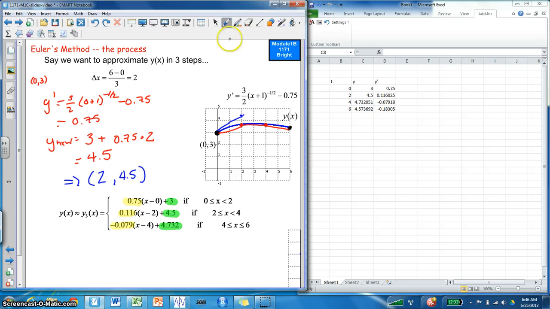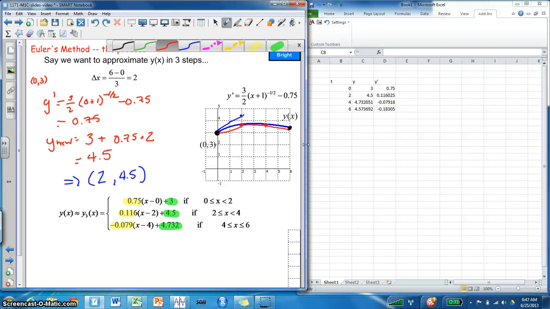Okay, so I'm going to look at my Excel table. Remember, this is the slopes, the y prime values. So I'm going to look here. Okay, 0.75, 0.75, 1.116. Okay, so essentially all the slopes I can read off right here.